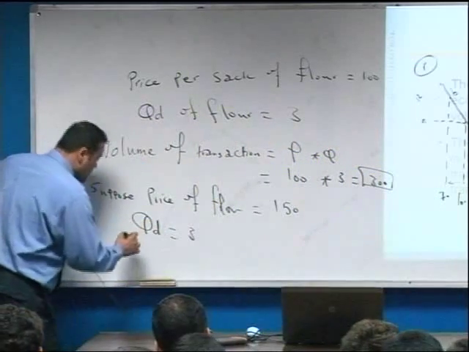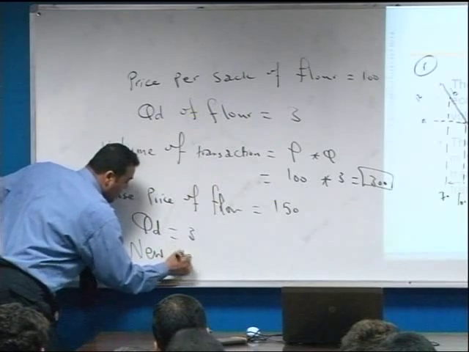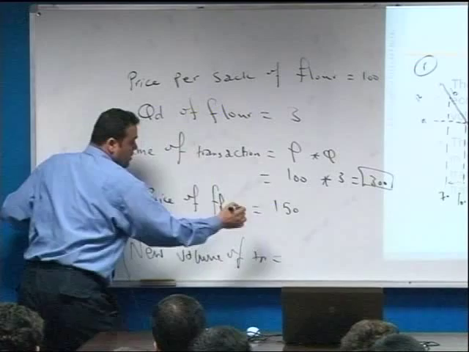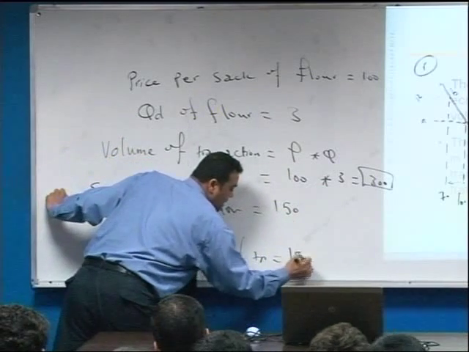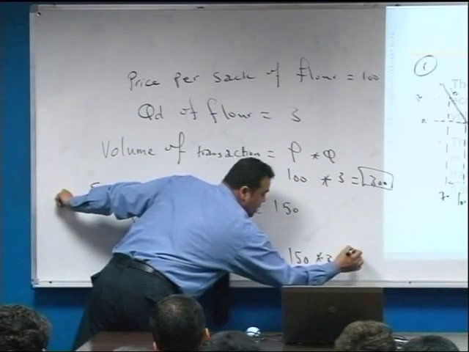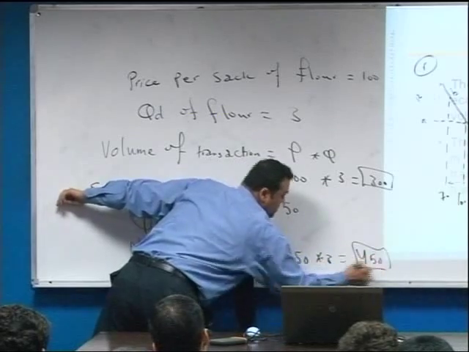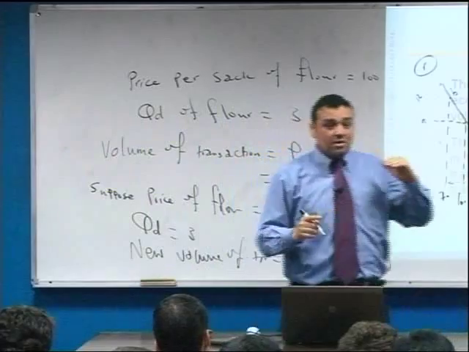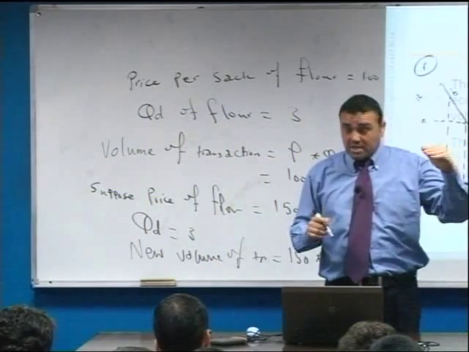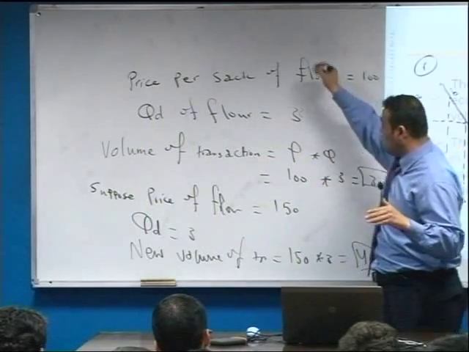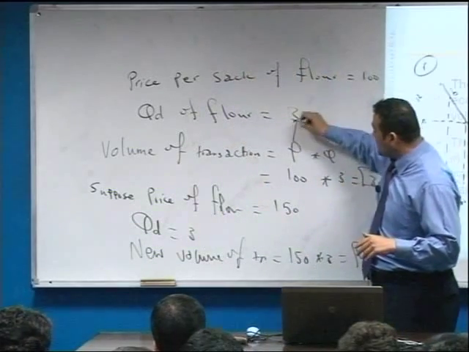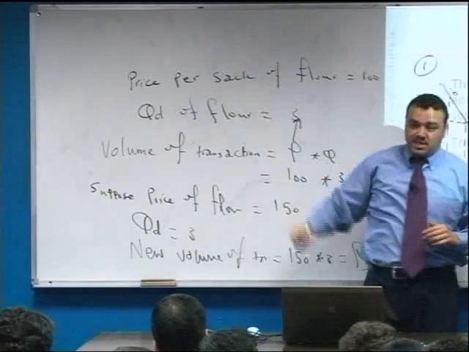So the new volume of transaction equals the new price, 150, times the 3, equals 450. So if the price increases, the volume of transaction would increase. As you see in this formula, volume of transaction equals P times Q. So increasing the prices leads to increasing the volume of transaction.